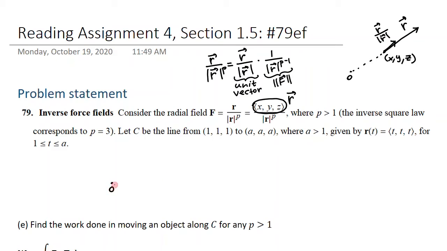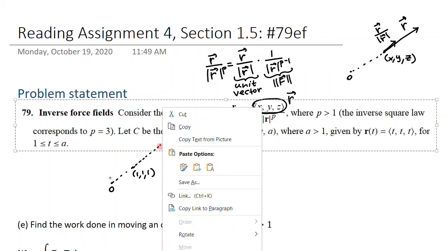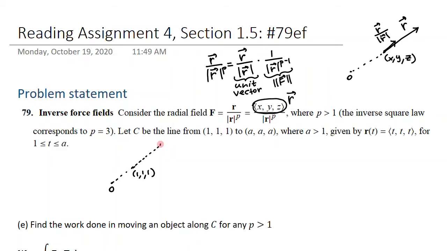So we have the origin, we have a point (1,1,1), and we have another point (a,a,a) that lies on this same line. Yes, so it's this line.